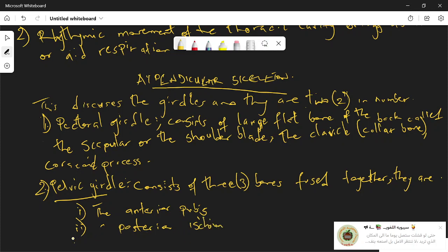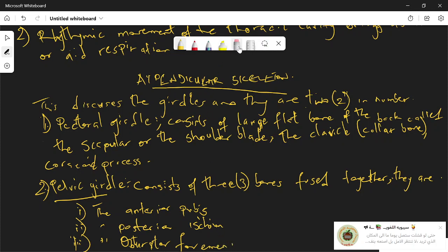And three, we have the obturator foramen.